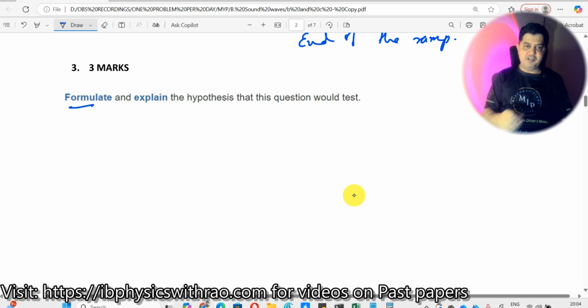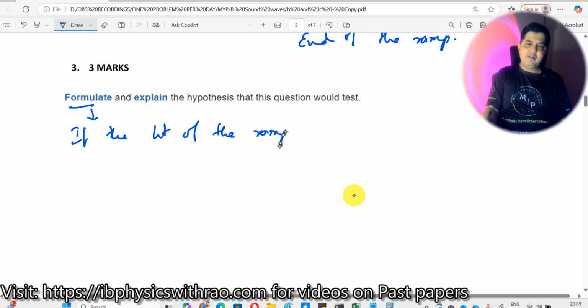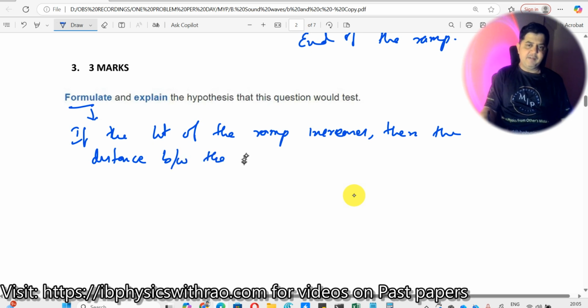Now, what is the formulation? If the height of the ramp increases, then the distance between the end of the ramp, should I write height of the ramp?